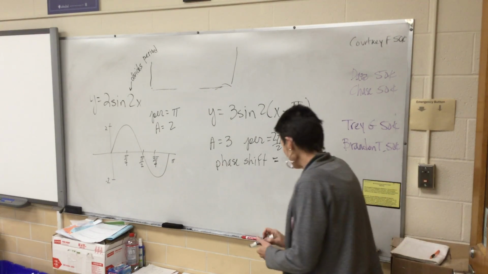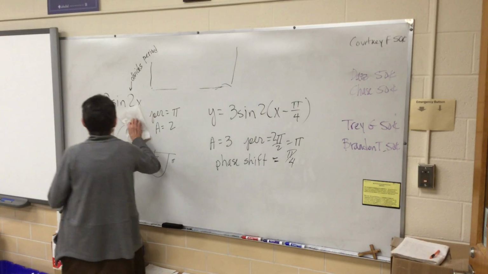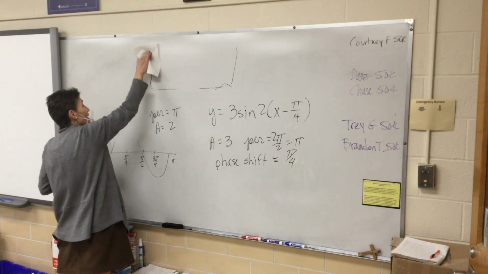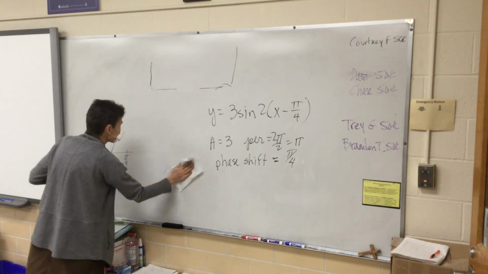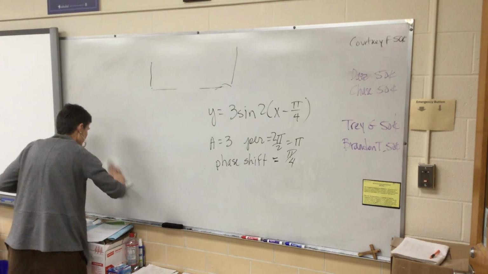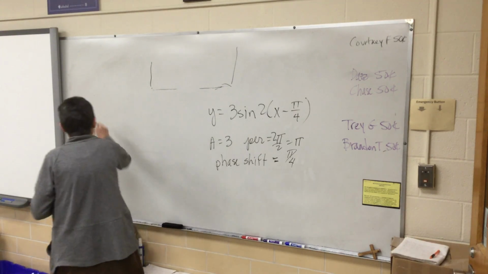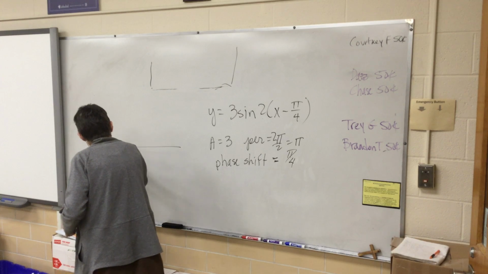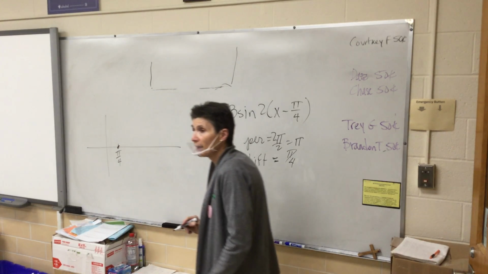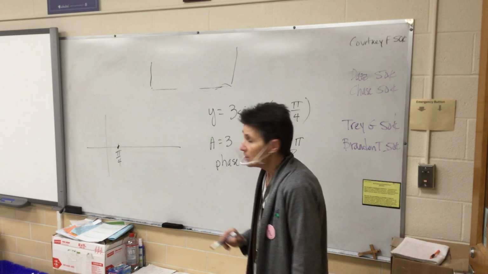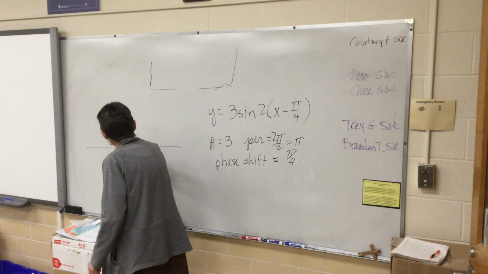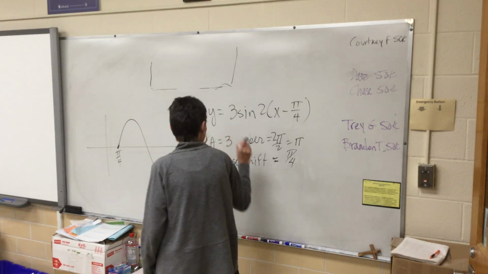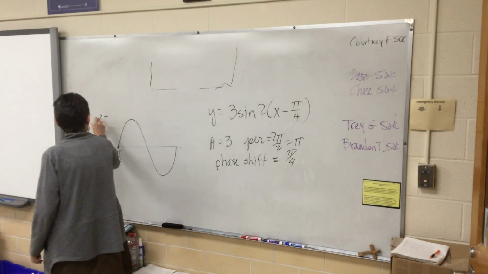So now what does that mean in terms of the picture? Well, that means that you're still going to have your sine curve. You're going to have that shape. But it isn't going to start at the origin because the whole thing has been picked up and moved to the right pi over 4. So I'm going to have my sine curve. Its amplitude is 3.